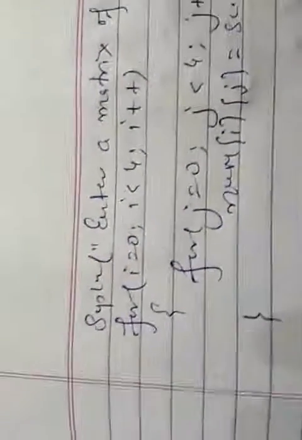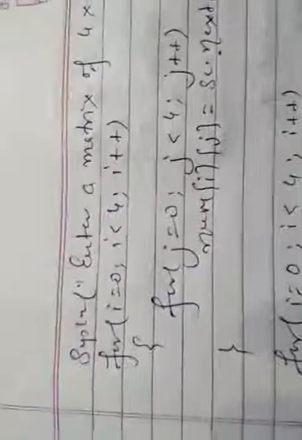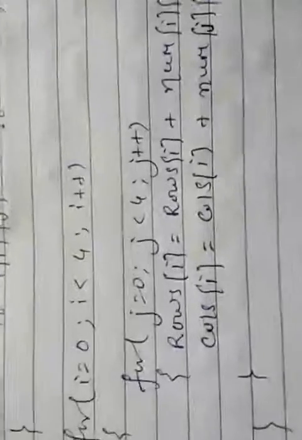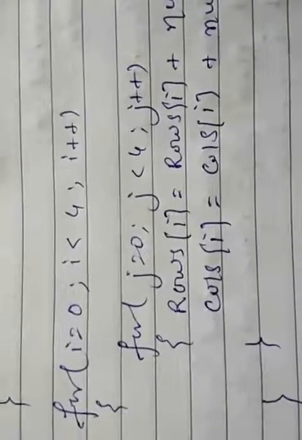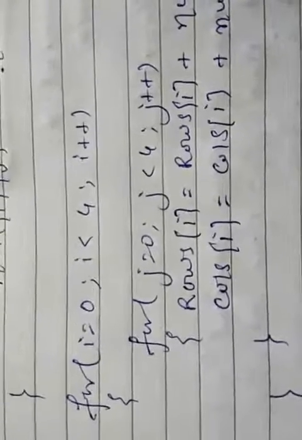Now here this is the input part of the 4 by 4 matrix. We have already seen how the two-dimensional matrix is input. Now this is the main part of the program. So i equals 0, i is less than 4, i plus plus, j equals 0, j is less than 4, j plus plus.